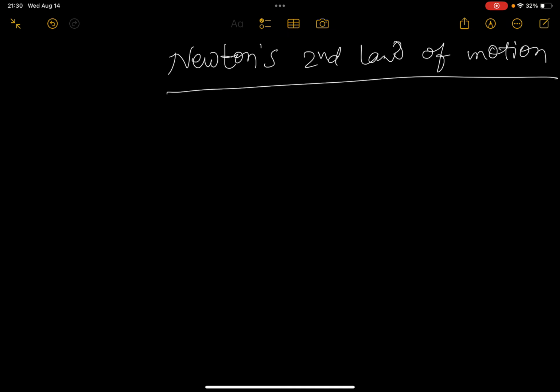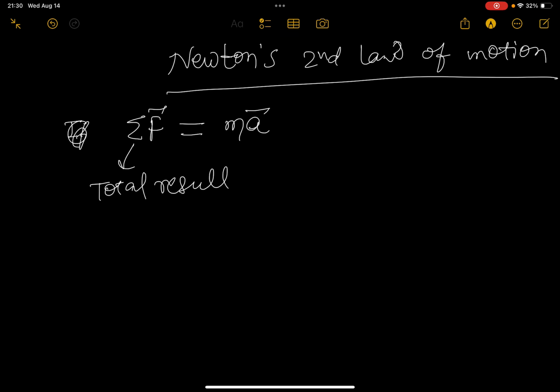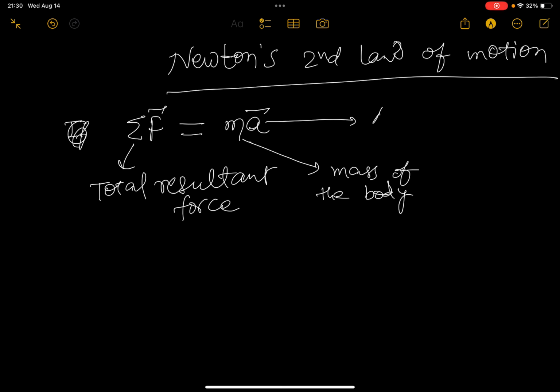So first of all, Newton's second law. It says that summation F equals m times a, where summation F is the total resultant force, m is the mass of the body, and a is the acceleration of the body or system.